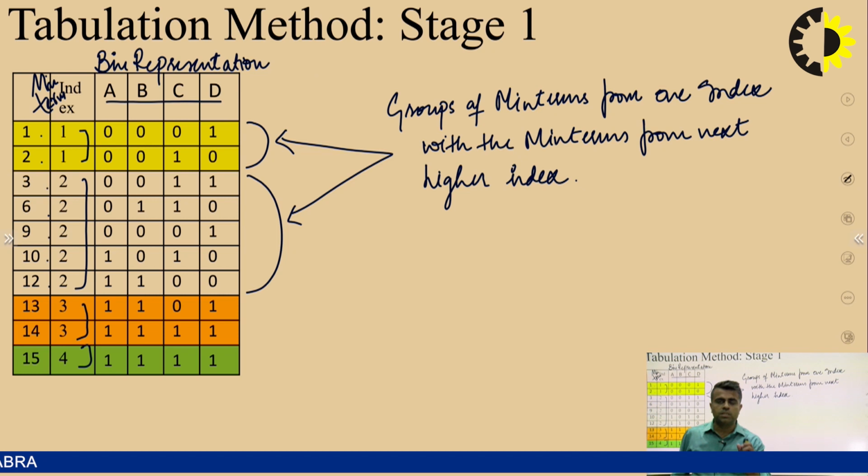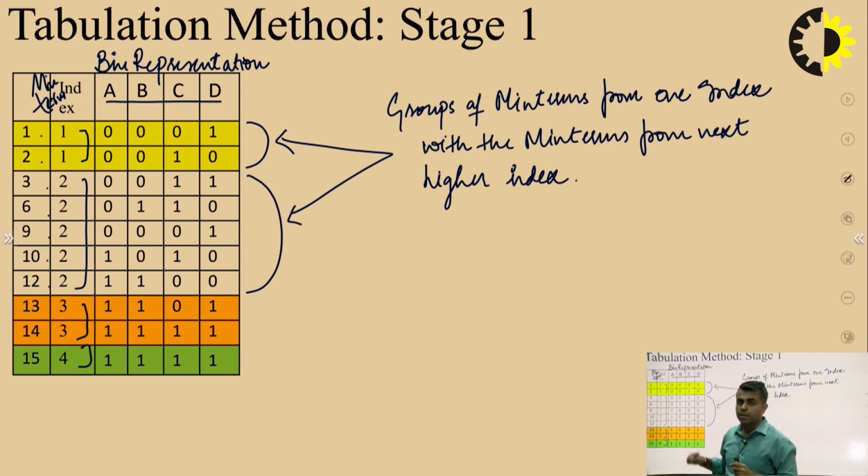And in case some index is missing, like here, index 0 is missing, so grouping of index 0 and index 1 will not be there. Similarly, if index 2 would have been missing, then there would have been no grouping between 1, 2 and 2, 3 because 2 is not there. And in that case, 1 will not group with 3, because terms from one index can be grouped with the next higher index only. If that next higher index is not available, then it will not make groups with a further higher index.